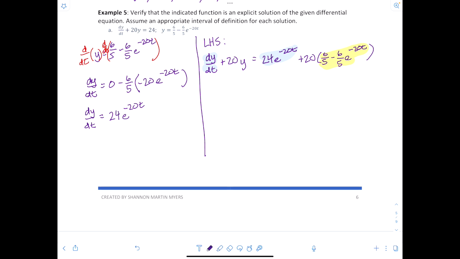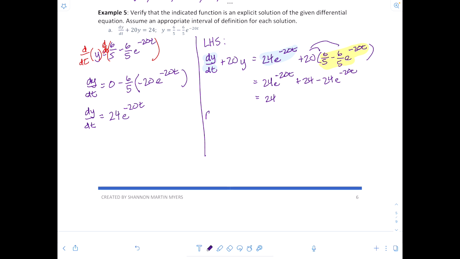And so that was our y. All right, so let's clean it up. 24e to the negative 20t plus 24, I'm distributing 20 throughout, minus 24e to the negative 20t. So this is going to just give me 24 because the exponential terms zero out.